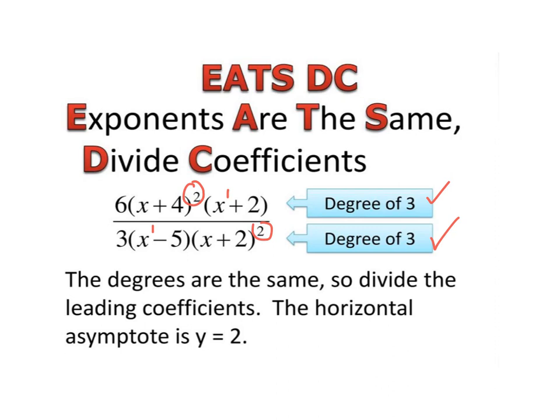And so you take your leading coefficients and you divide them. So my leading coefficients are 6 and 3, so if I divide 6 by 3, you're going to see that you have a horizontal asymptote of y equals 2. Okay, so again, BOBO, BOTTEN, EATS DC. So try and remember that acronym. It's going to help you determine what your horizontal asymptotes are.